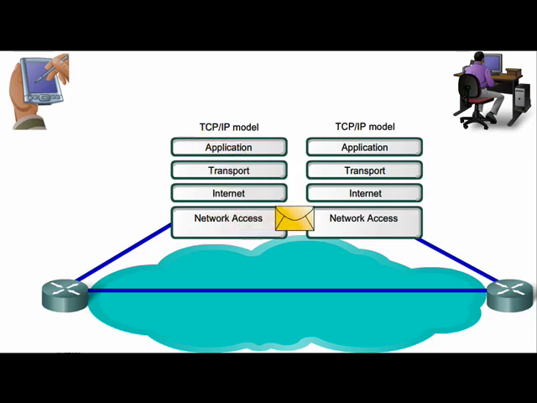Then, the generation of the data onto the media at the network access layer of the stack, followed by the transportation of the data through the internetwork, which consists of media and intermediary devices such as routers and switches. Finally, the data is received at the network access layer of the destination device, where it is decapsulated, reassembled, and passed up the stack to the application layer.